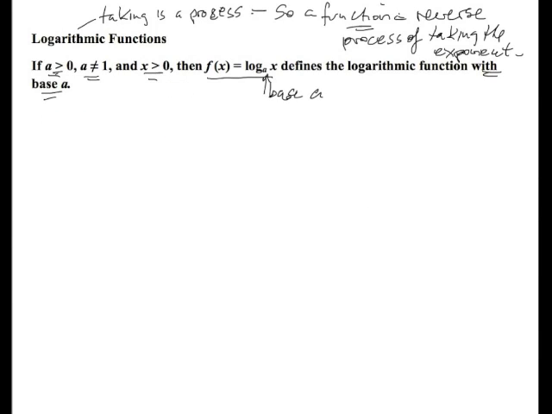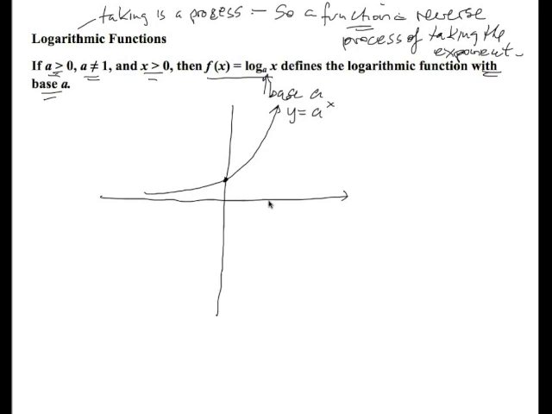So basically then we're talking about, in general, if I'm looking at an inverse function with just any base, we know that our exponential function is going up like this. So this is y equals a to the x. It always goes through the point (0, 1).